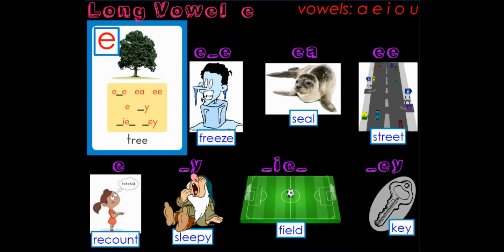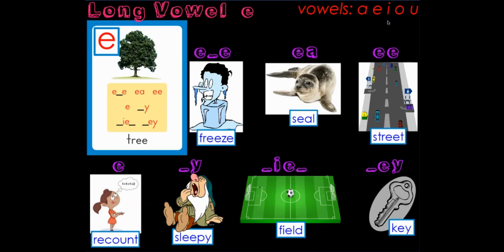As a reminder, there are 26 letters in the alphabet, and 5 of those letters are standard vowels. They are A, E, I, O, U. Those vowels have 2 sounds. They have long vowel sounds and short vowel sounds. I'm going to go through and do the short vowel sounds first.